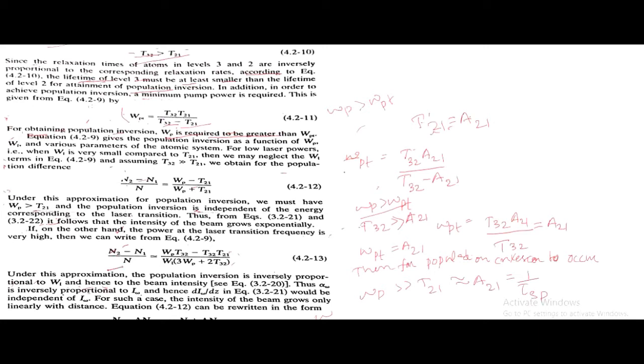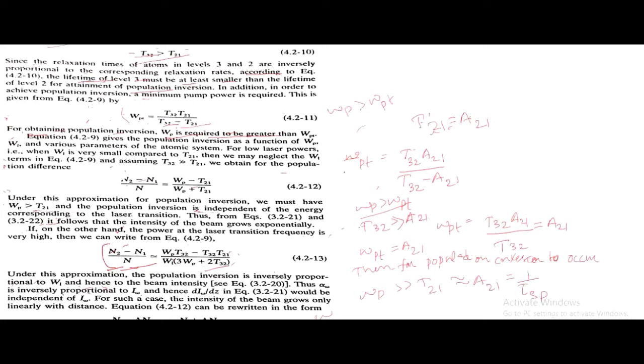If the power at the laser transition frequency is very high, then from equation 9 we can write (N2 minus N1) by N is nearly equal to (WP T32 minus T32 T21) by WI into (3 WP plus 2 T32).